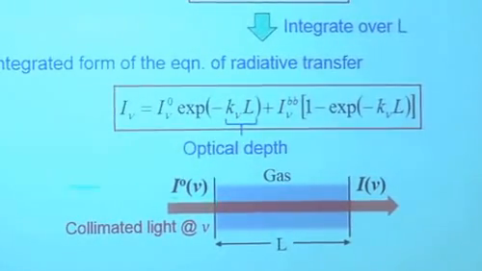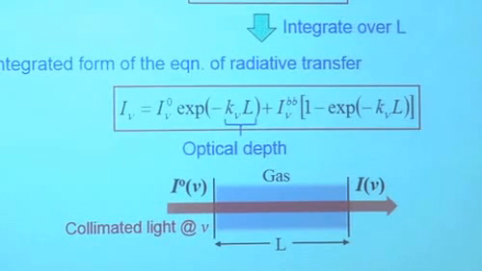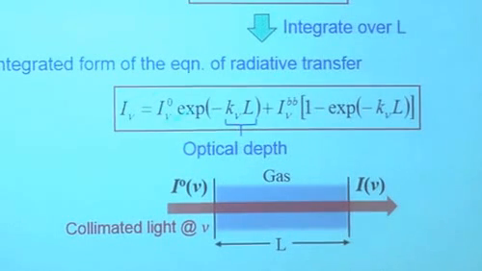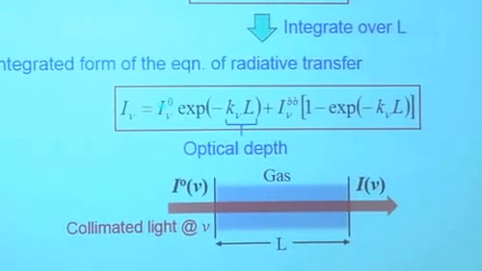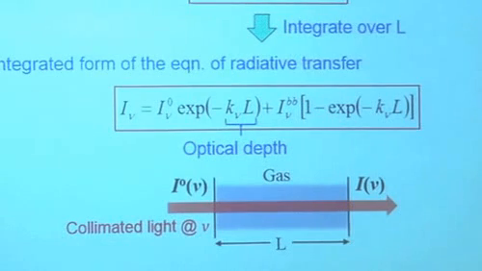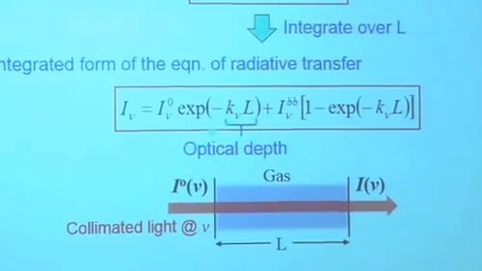It's easiest to think about when you have, say, collimated light. If we have collimated light with incident light, that means I nu 0 is typically a big number. If there's no incident light, we only have this term. We only have emission. But this equation lets us examine both cases, and you can see how it depends upon optical depth.